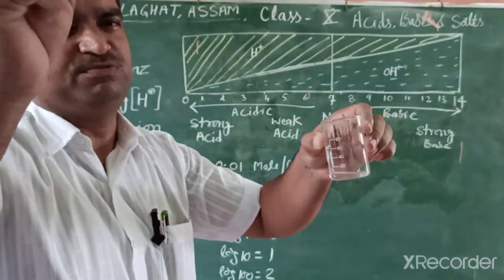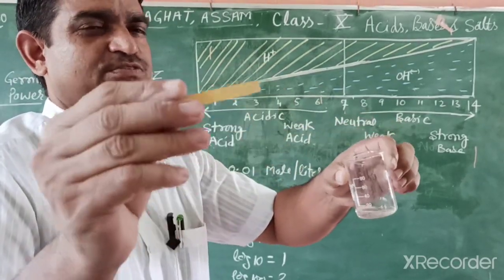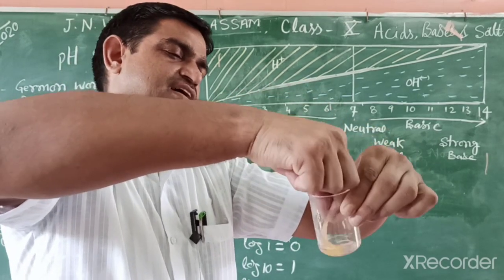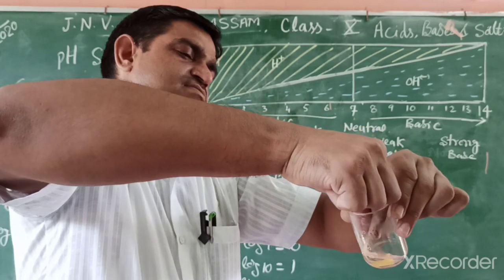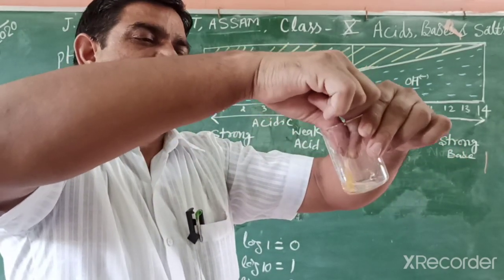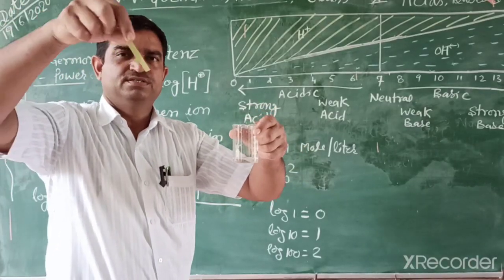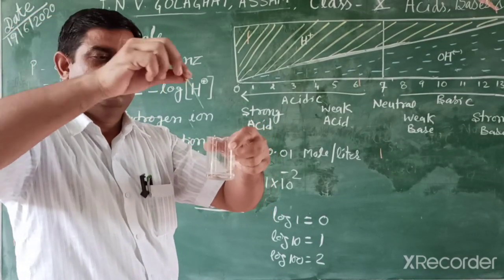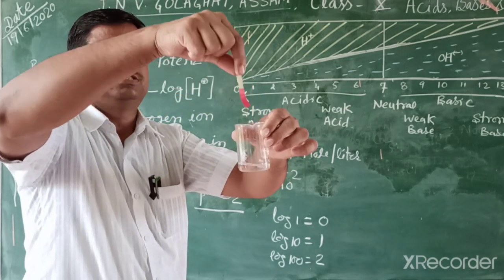This paper is known as pH paper, and it is made by special chemicals, a mixture of chemicals. And when we dip this strip of pH paper in dilute HCl, then its color is changed.